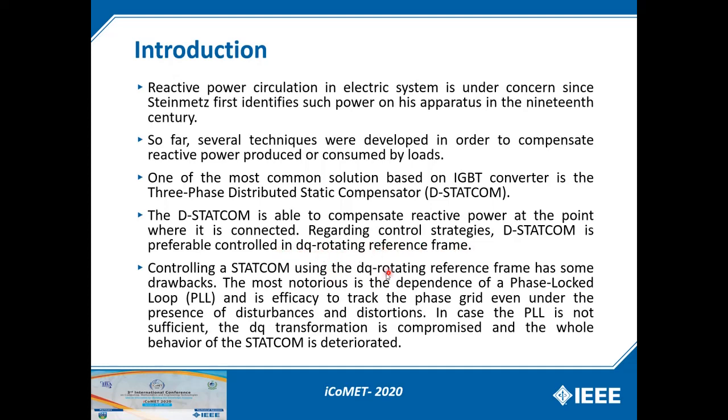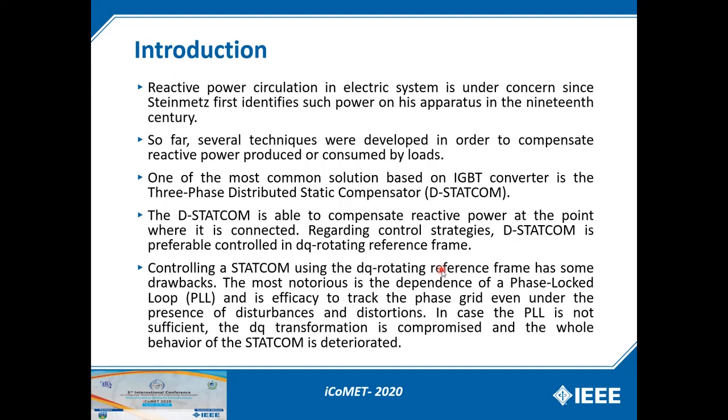But this has a drawback because when you are employing a control in a DQ rotating reference frame, you need to have the PLL, and the PLL plays an important role in this system. So using the DQ rotating reference frame is completely attached to the efficacy of the phase-locked loop, the PLL.